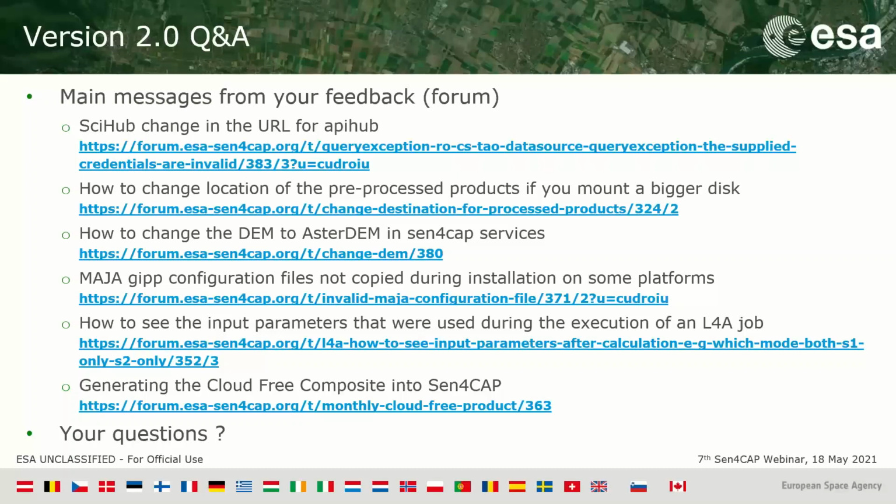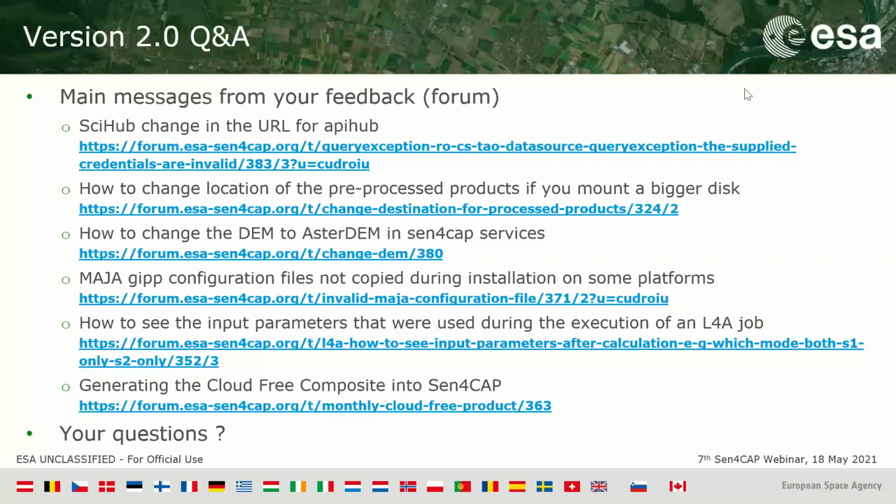For example, it was requested for the L4 processor, but the topic applies also to other processors because some users were interested in knowing more details of the parameters that were used during the execution.